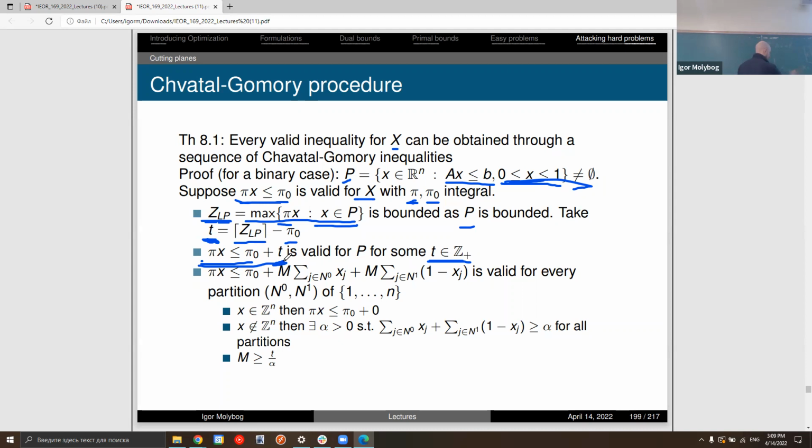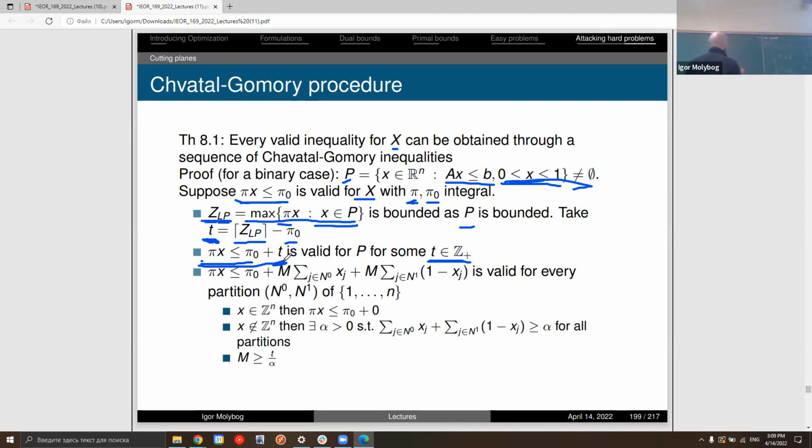So X is only these points that just happened to be inside P, right? Only the integral ones. So X is contained within P, and this is what is related to AX less than or equal than B.